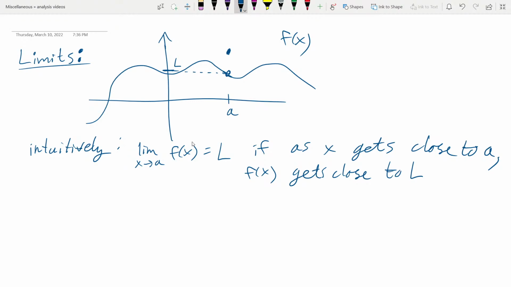That's just really obvious, but in analysis, we want to make everything precise, and this whole notion of "gets close" is kind of murky. How close do they need to be?